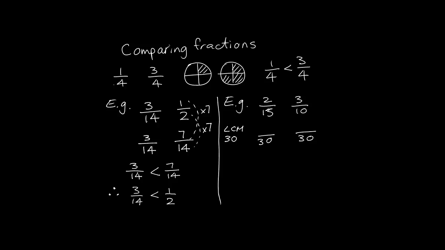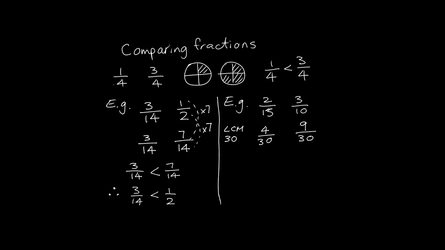So to go from the 15 to the 30, I would have doubled. So do the same thing to the numerator to get 4. To go from the 10 to 30, I would have tripled. So do the same thing to the numerator to get 9.